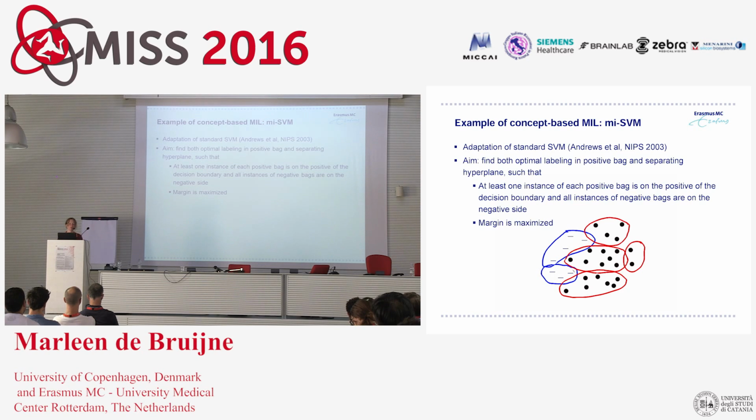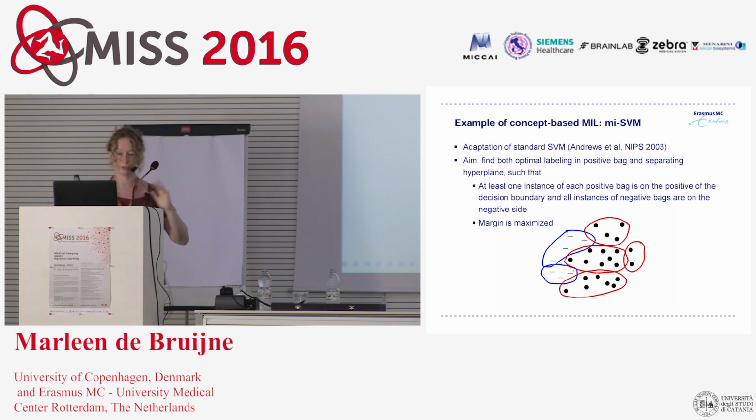It's an adaptation of standard SVM. So the aim is to find both the optimal labeling within the positive bag, where we don't know the labeling between positive and negative samples, since we assume the negative bags are all negative, that's the original assumption, and the separating hyperplane, so that at least one of the instances in each positive bag is on the positive side of the decision boundary.